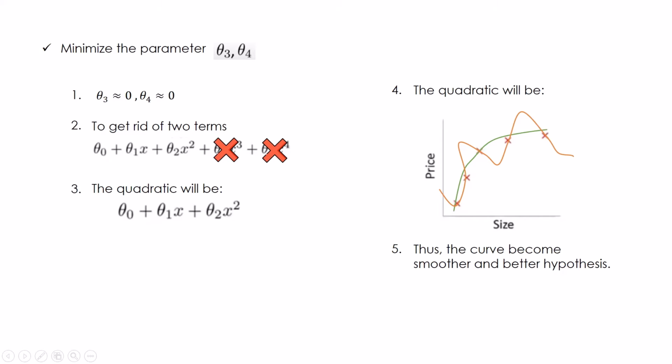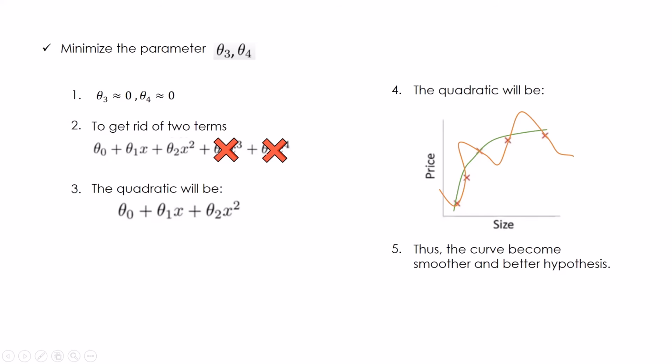Then the quadratic will be theta 0 plus theta 1x plus theta 2x squared. That means the two terms behind are not included, since the parameters theta 3 and theta 4 are equal to 0. And then the quadratic will be this curve.